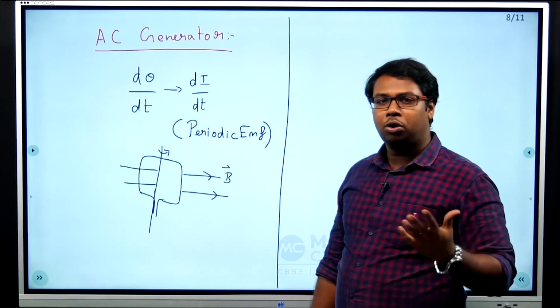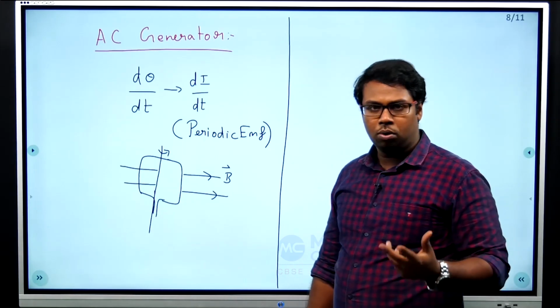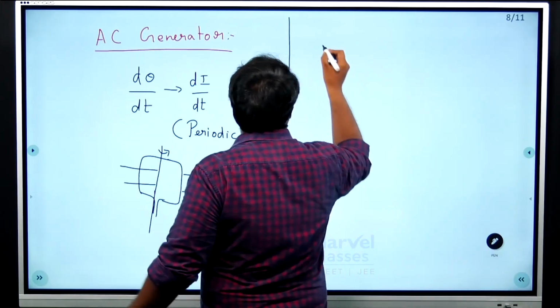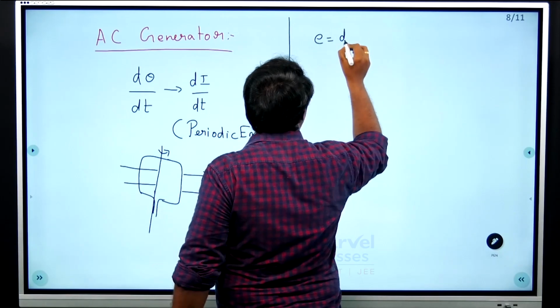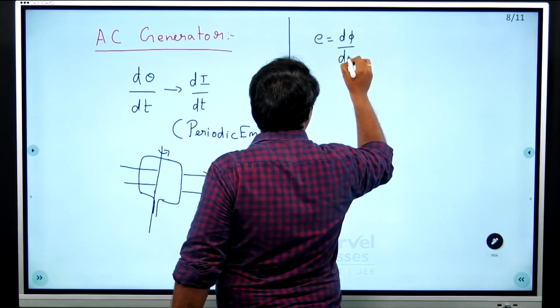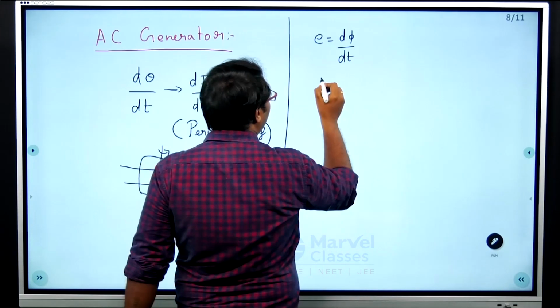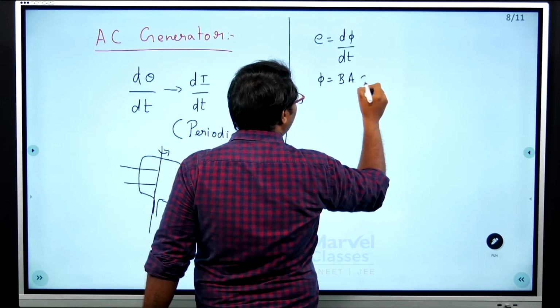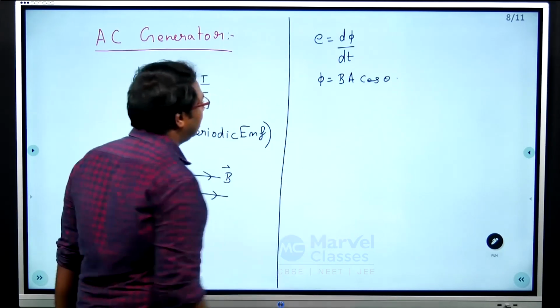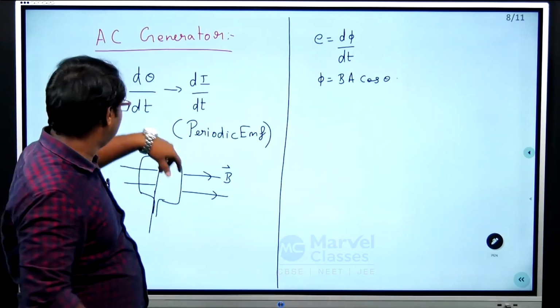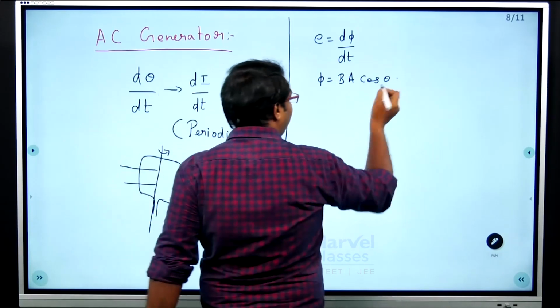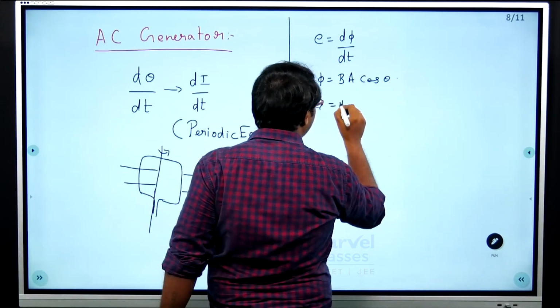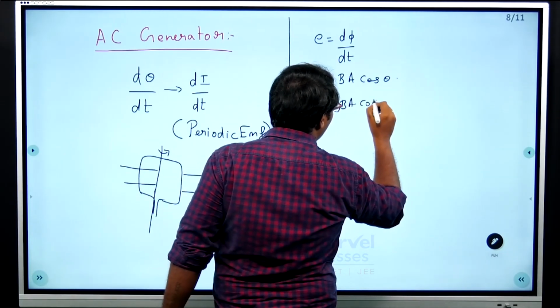So here we are going to study how it is going to work. E is equal to d phi by dt, we know it, where phi is equal to B into A into cos theta, where theta is the angle that I have introduced here, and theta can also be rewritten as omega t.